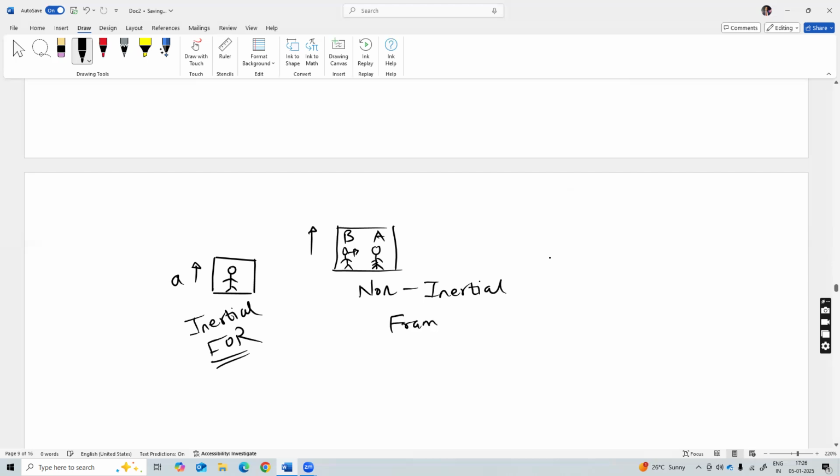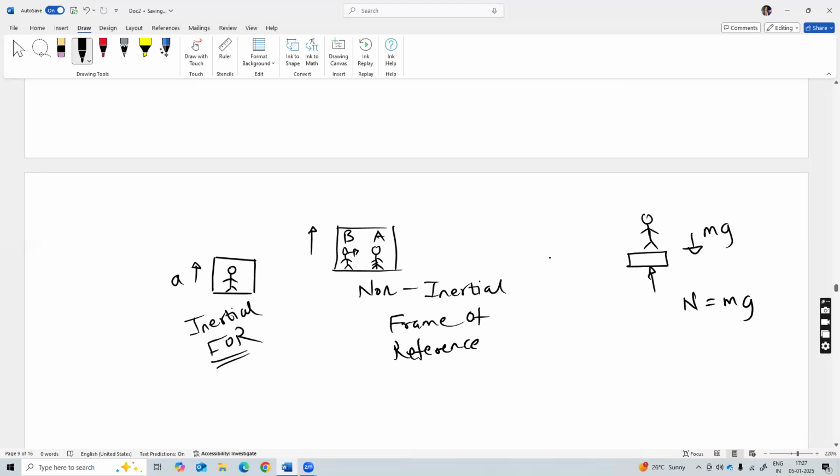So if you now try to draw the FBD by considering the reference of person B, then he will say that there is a weighing machine and this person is standing. Since his weight is acting as mg downwards, normal force is also equal to mg, and therefore according to him, the weight on the weighing machine should be equal to mg only.